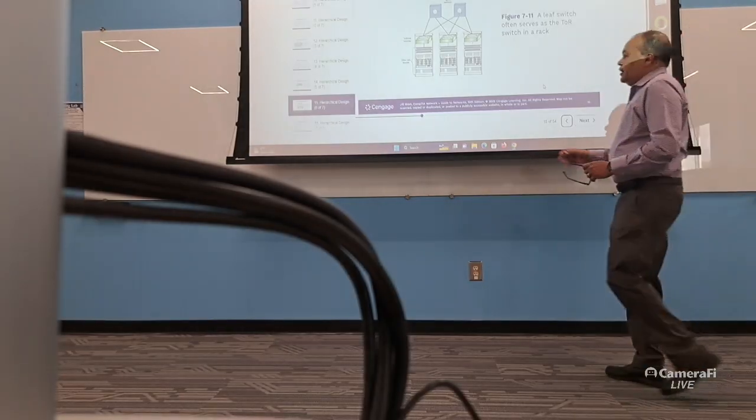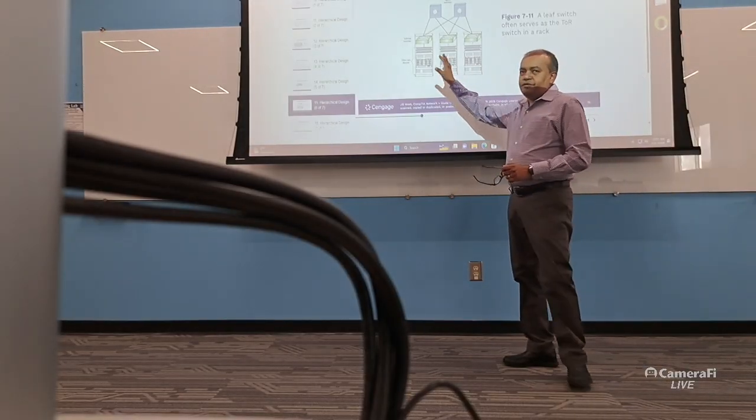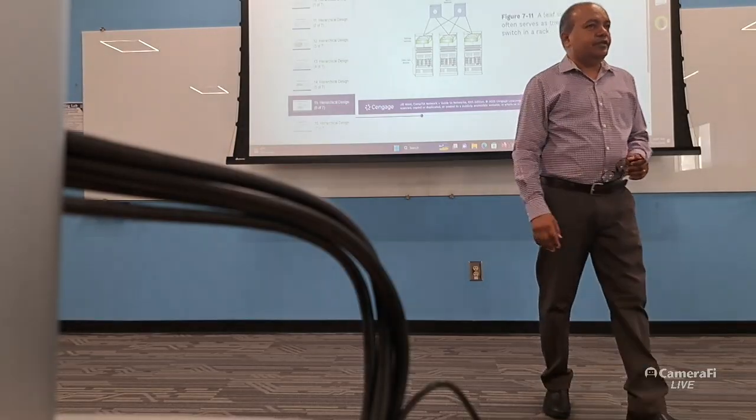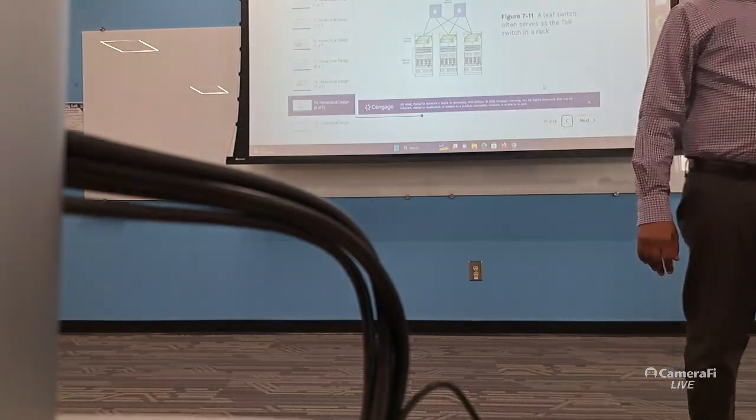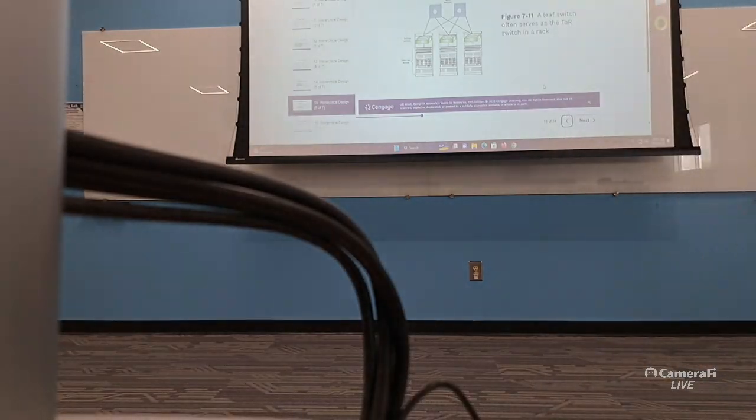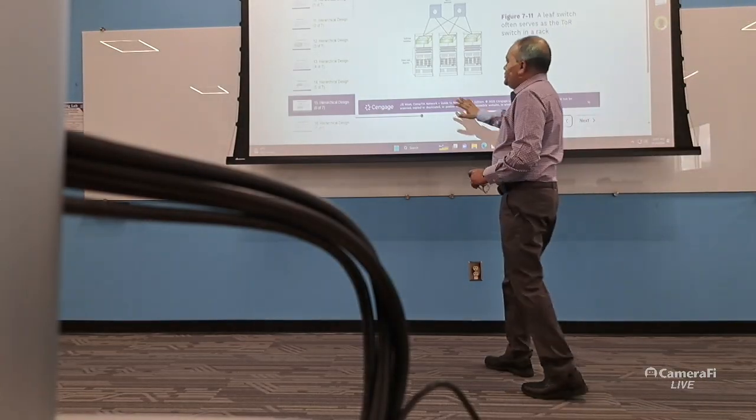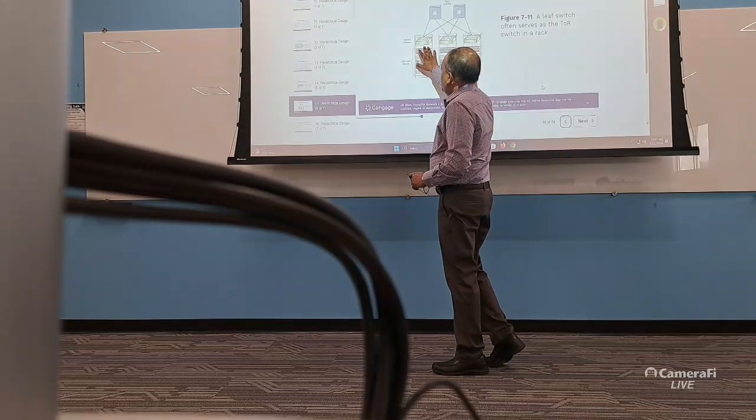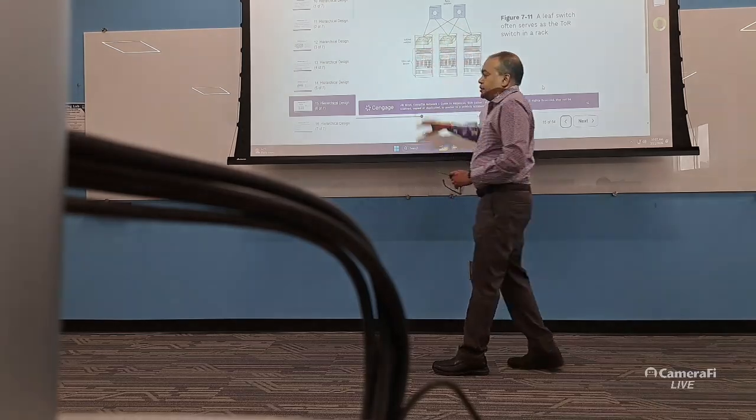There you can see you have servers and various devices already fitted in this rack, and a switch is also provided, which is connecting all the equipment of these racks to the main network.